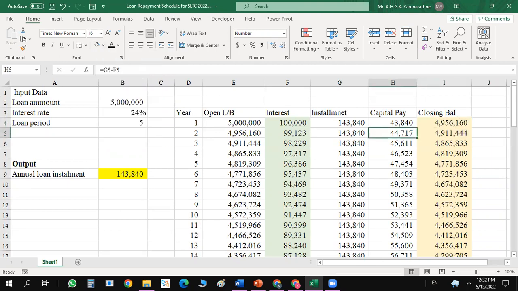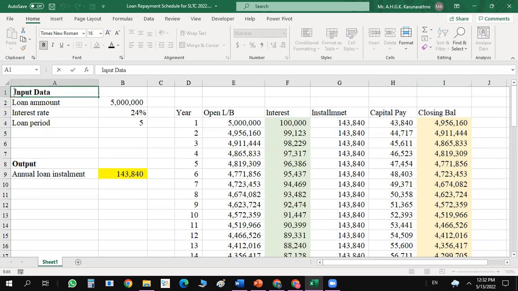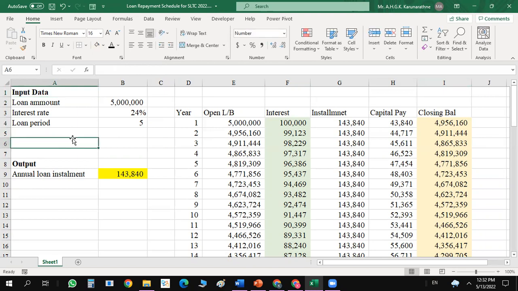This is your loan repayment schedule. What I call the model. It's a kind of model, right?